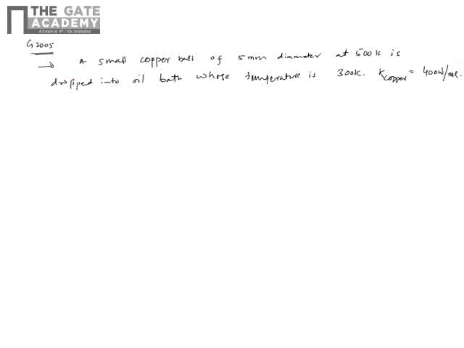meter Kelvin. Its density is 9000 kg per meter cube. Specific heat of the copper is 385 joules per kg Kelvin.